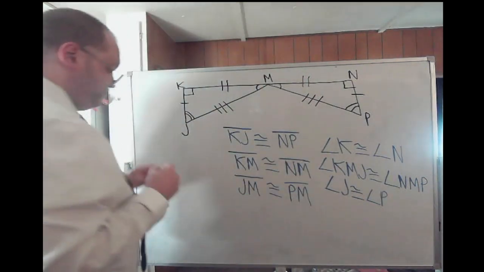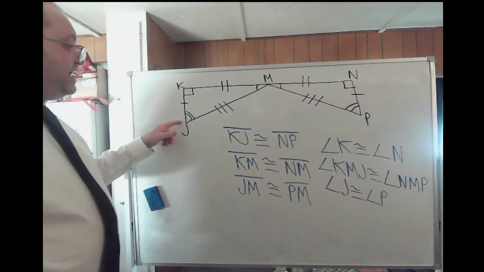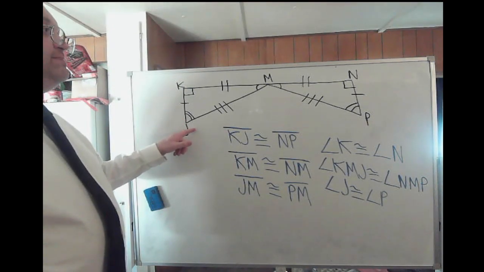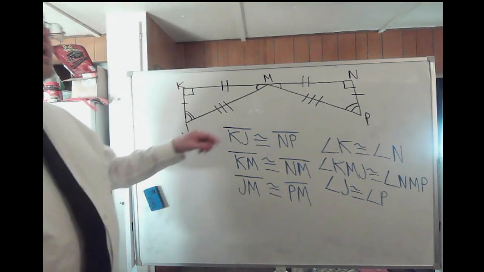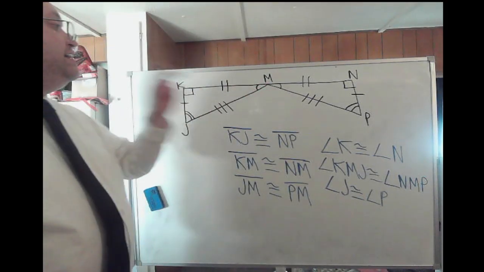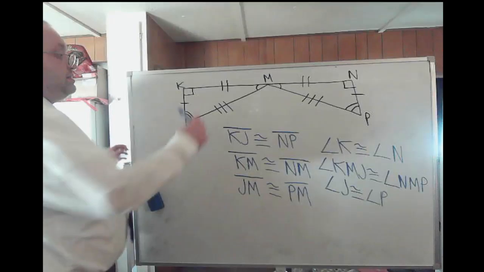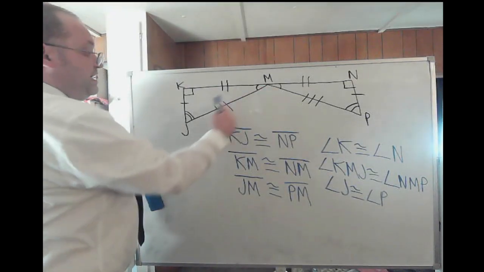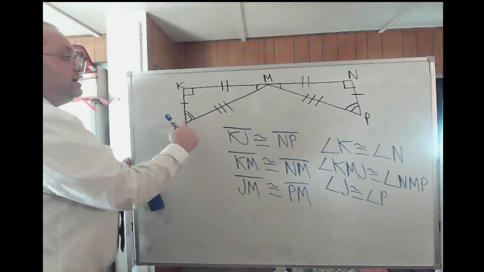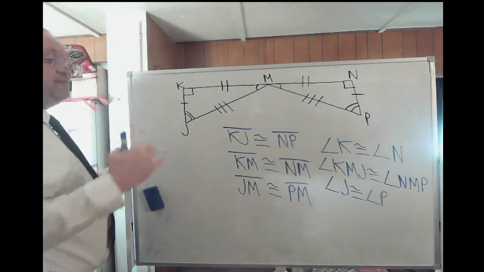So if you just have an angle at one point, one vertex, you can just use that letter to name the angle. But if you have multiple angles meeting at the same point, because the angle is formed again by 2 line segments, it's formed by KM and MJ.